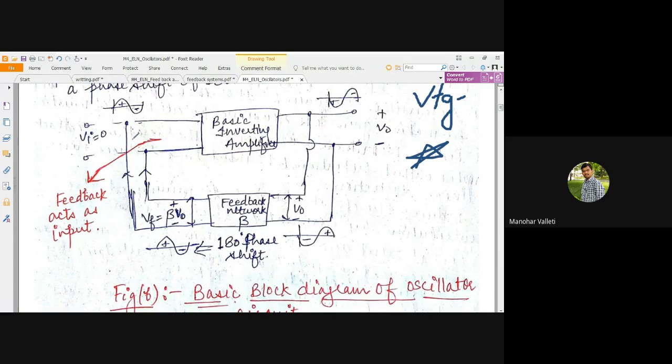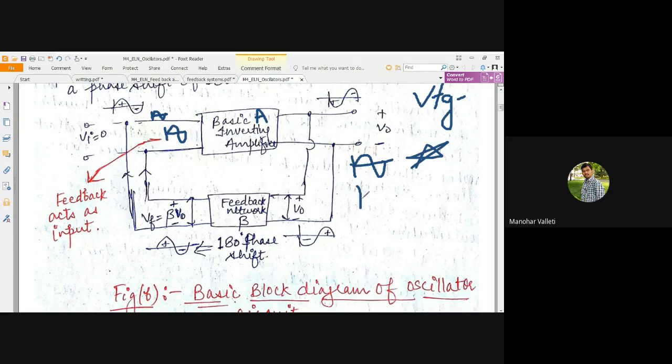Now you just see here, as positive feedback is employed, the inverting amplifier will have a huge gain. Because of that huge gain, the input noise of the amplifier, very small noise, will be amplified and available at the output of the amplifier. Again the signal is fed back as input.